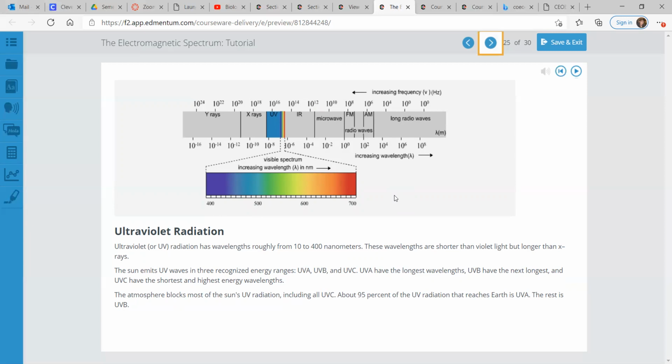UVA has the longest wavelengths, UVB have the next longest, and UVC have the shortest and highest energy wavelengths. The atmosphere blocks most of the sun's UV radiation, including all UVC. About 95% of the UV radiation that reaches Earth is UVA. The rest is UVB.